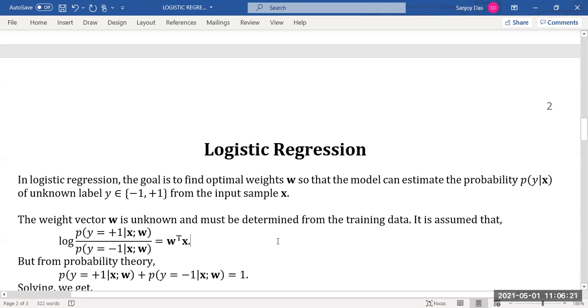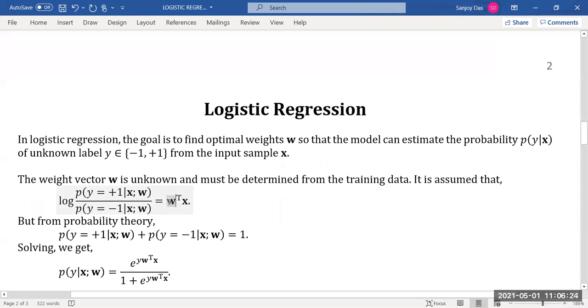Now, what we assume is, suppose W is the weight. There's a certain probability that Y equals 1. We are looking at the probability of Y given X and W. Suppose W is fixed and X is provided. What's the probability of Y being equal to +1, and what's the probability of Y being equal to -1?